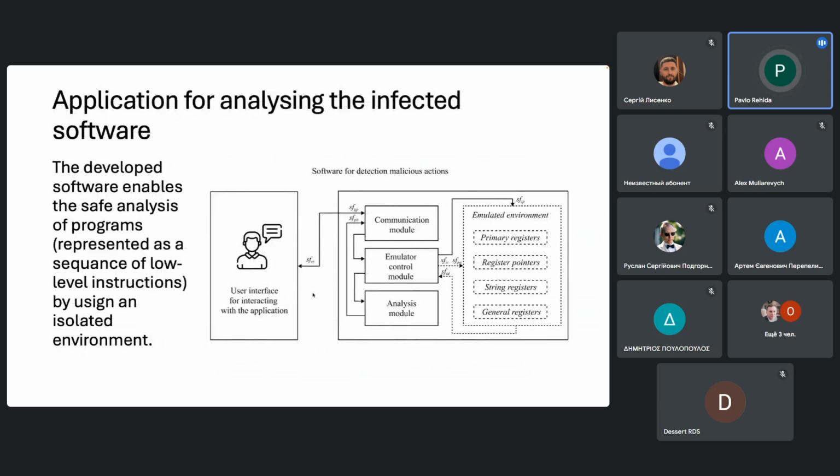The developed application facilitates isolated instruction execution and incorporates three main modules: the communication module, the emulator control module, and the analysis module. The control module records changes in register values during program execution, while the communication module enables users to submit programs for analysis. The application structure is illustrated on the slide.